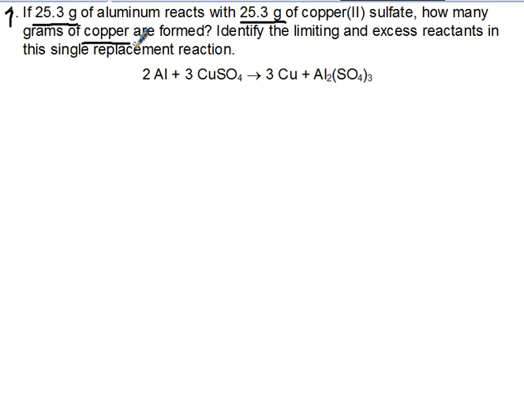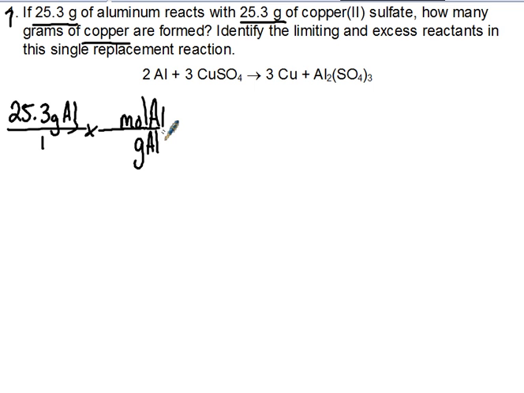And so we'll start our first stoich. 25.3 grams of aluminum over 1. We're going to go from grams of aluminum to moles of aluminum. The only thing that you can convert grams to is moles.